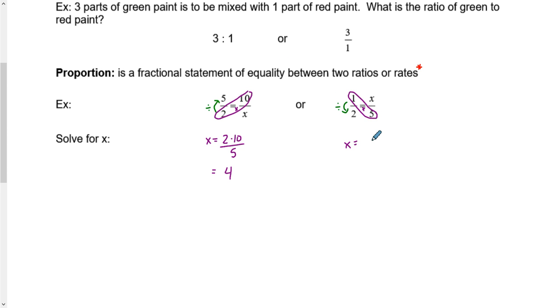So x would equal 5 times 1 divided by 2. 5 times 1 is 5, divided by 2, so 5/2 or 2.5. Sometimes it's going to make more sense to leave it as 5/2, and sometimes it's going to make more sense to use the decimal.